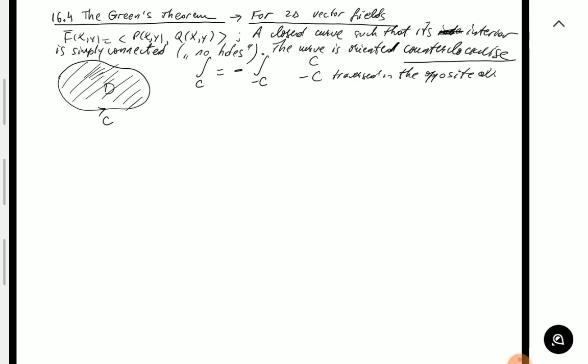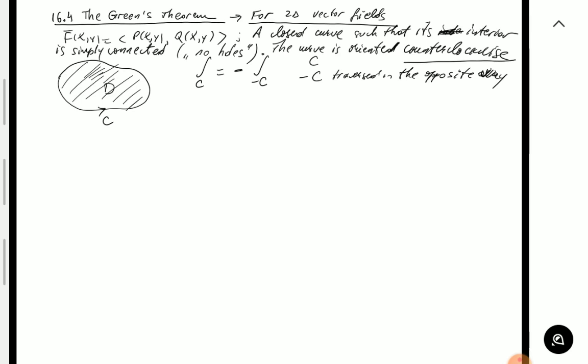In some problems, obviously, they will ask you, for example, to set up or compute the integral for a curve traversed clockwise, not counterclockwise. You can still apply this theorem, but you just have to make sure you change the sign of what you get from the theorem. We'll get to that in a moment, just to make it clear. So what does the theorem state?